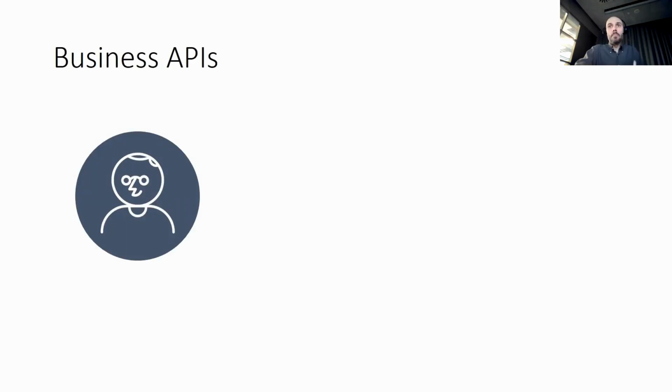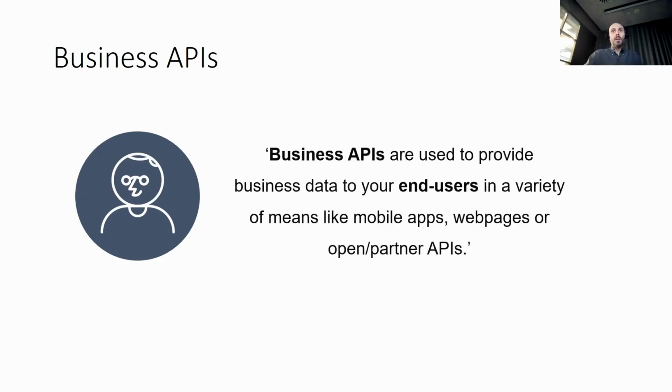Now that we have a definition of APIs and why we might want to use them, we can look at two broad categories of APIs available in a mainframe environment. Firstly, business APIs. These offer a service to your organization's end users.